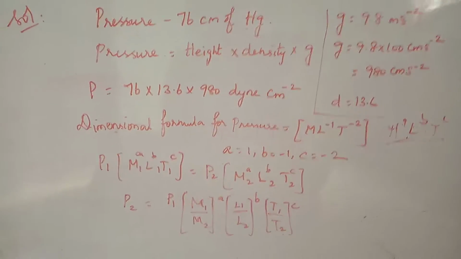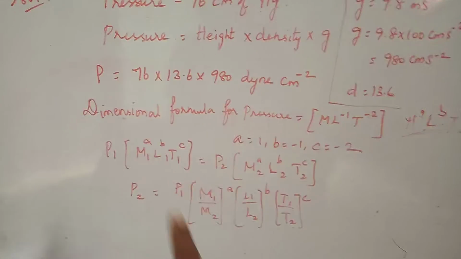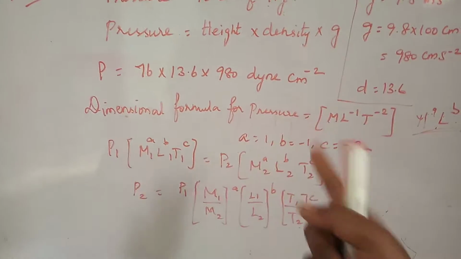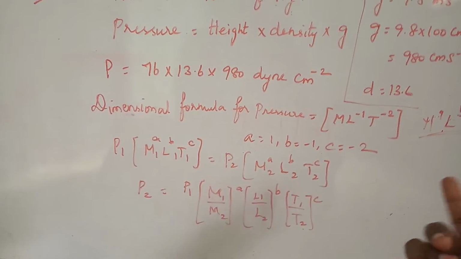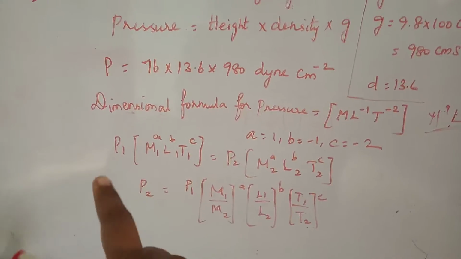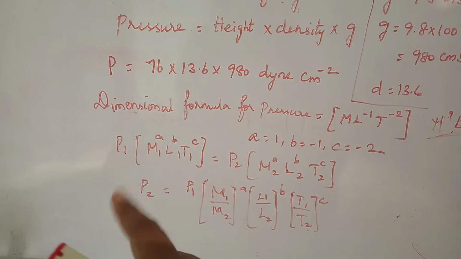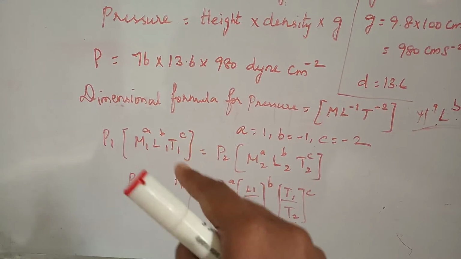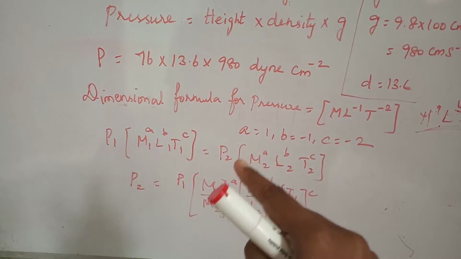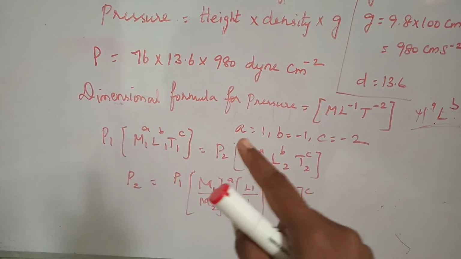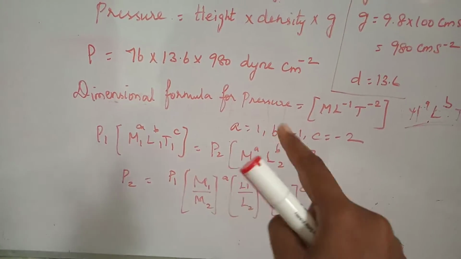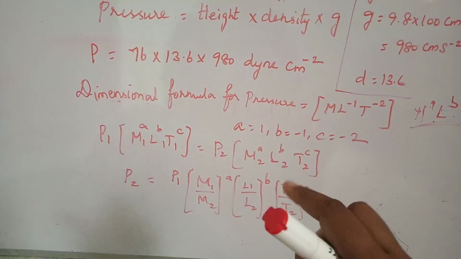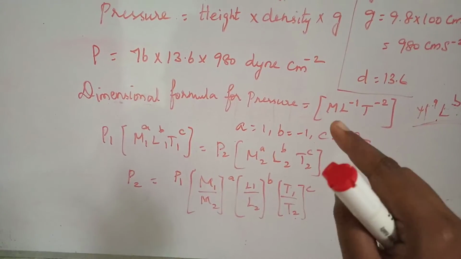For converting, we know that the number into its unit is equal to the other number into the other unit in the other system. Instead of n1, I have taken P1 because it is pressure. So P1 into M1 power a, L1 power b, T1 power c is equal to P2 into the other system, so mass, length and time in the other system: M2 power a, L2 power b, T2 power c.